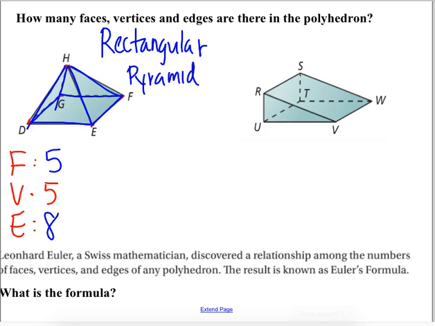Now this example over here on the right is a prism, because my sides don't come to just one distinct point. So this would be a triangular prism because your base shape is a triangle. Do you see how these 2 red triangles I outlined are parallel? So that would be my base shape, a triangular prism.